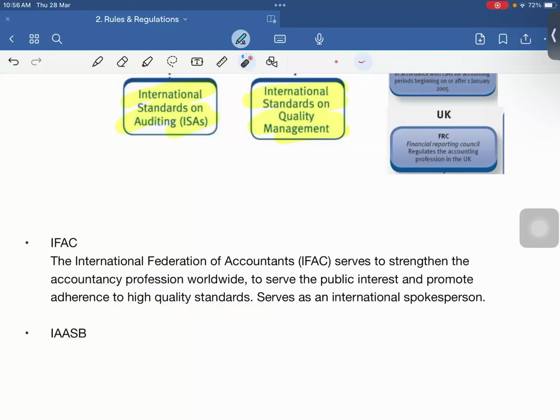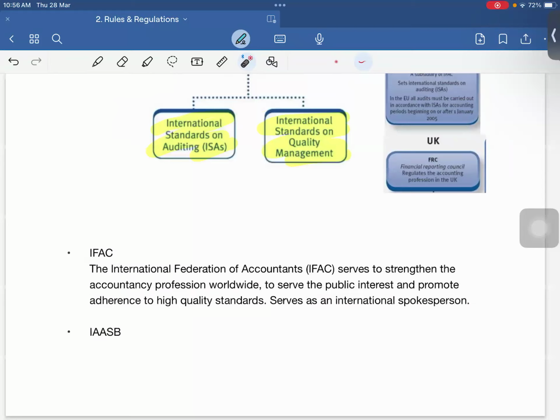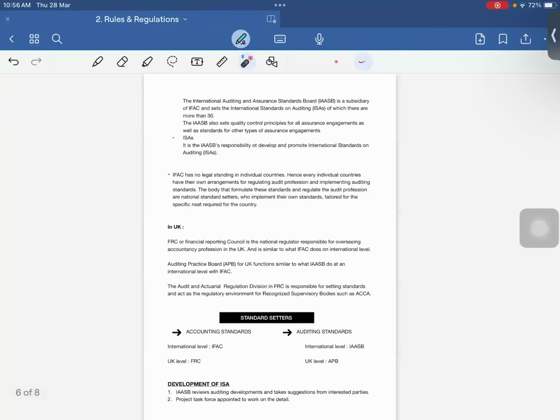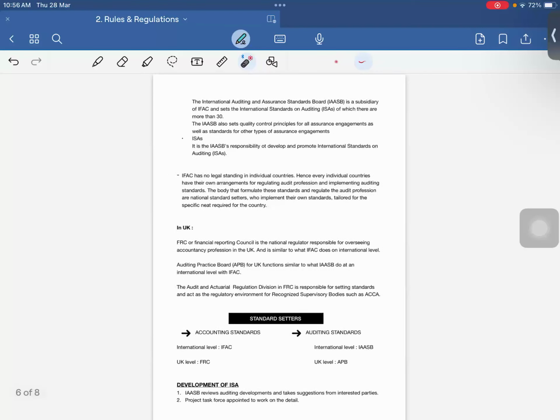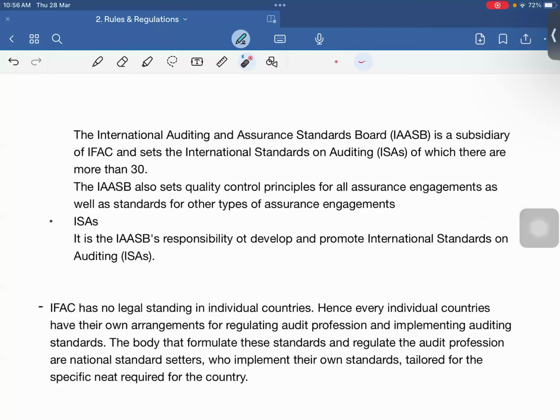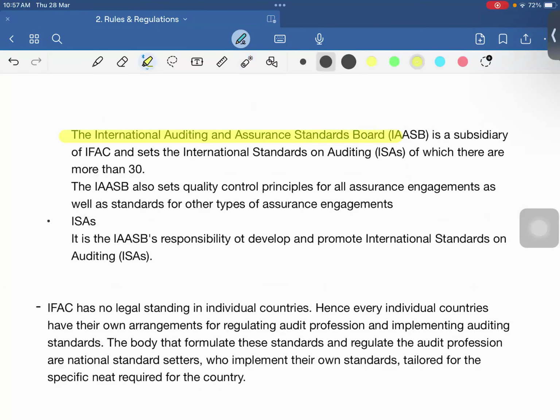As a result, IFAC also serves as an international spokesperson. Next one is IASB, the International Auditing and Assurance Standards Board. The other one is accounting. The difference is in the word: this one is auditing, the other one is accounting.